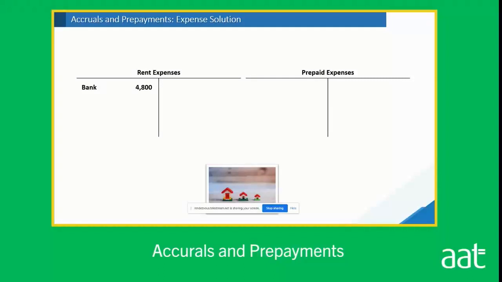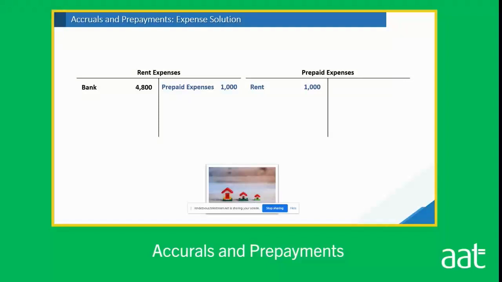And I know that because I was told that on the 1st of March, I paid that invoice. And that balance was given at the 31st of March at the year end. So included in that is the 1,500. We've identified we don't need all of that 1,500 included in it, and 2 months amounting to £1,000 should be removed. And therefore I'm going to credit my rent account and debit my prepayment account.